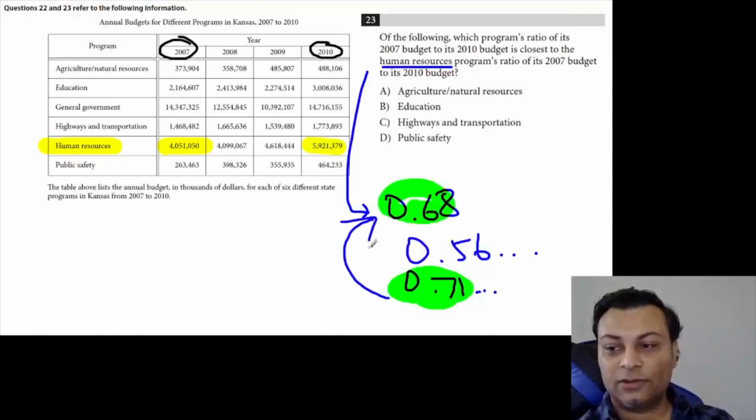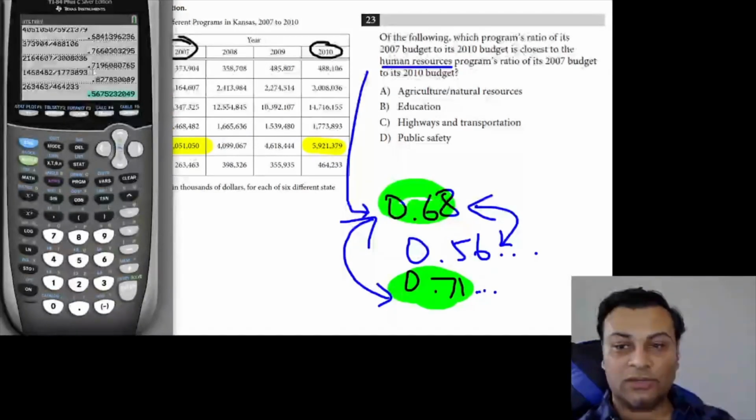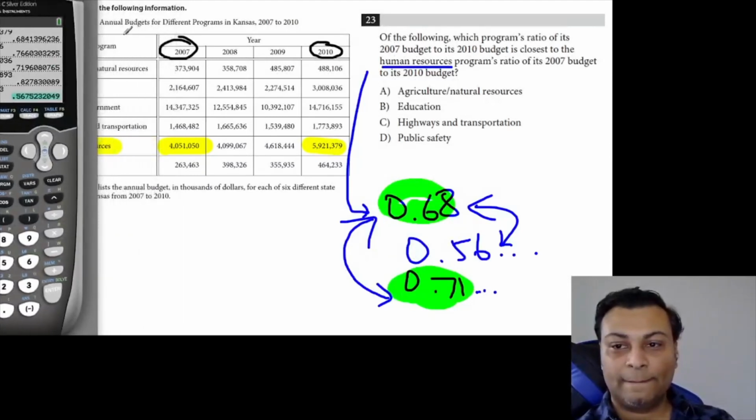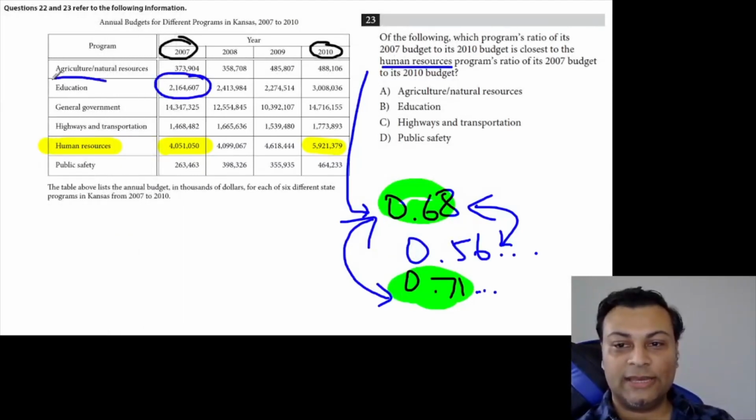These two are closer to each other than these two are. So the answer is whatever gave us the 0.71. That is this 2,164,607 number, which happens to be that one. And so the answer is education.